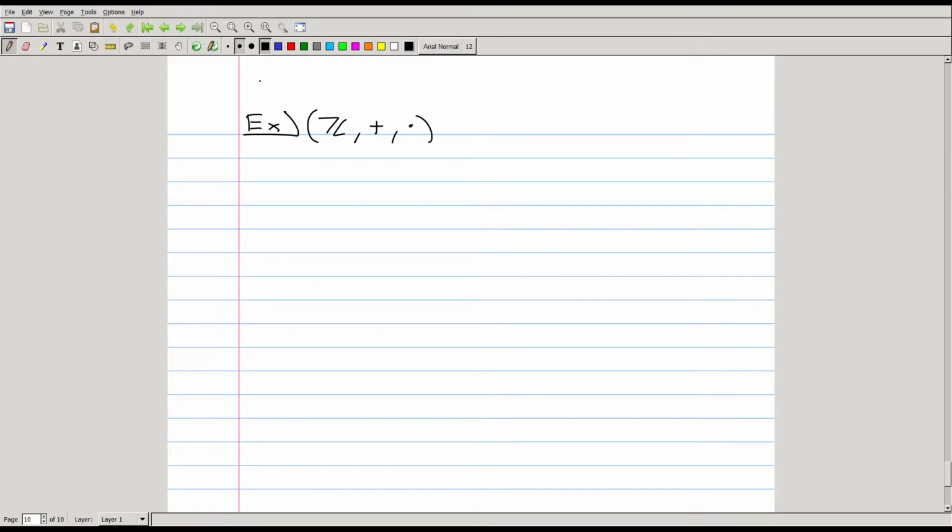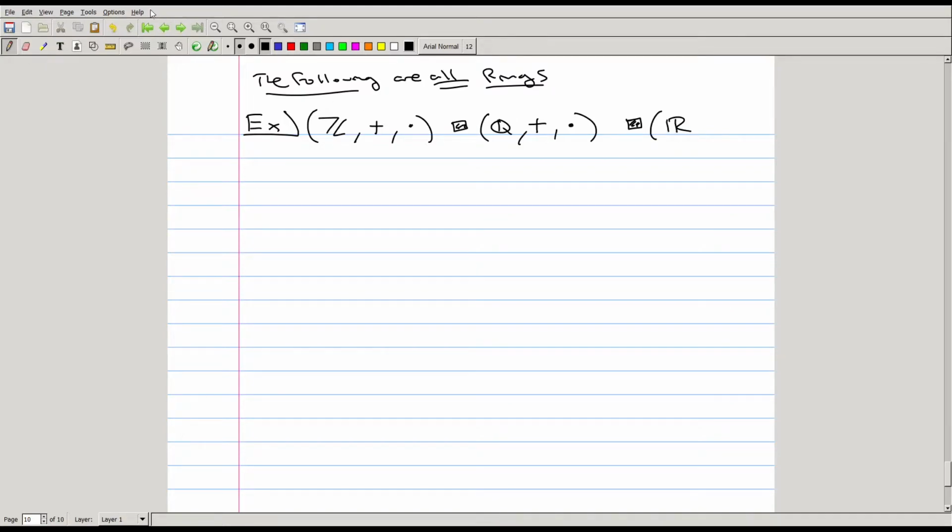I'll say the following are all rings. The set of rational numbers with normal rational number addition and multiplication is a ring.